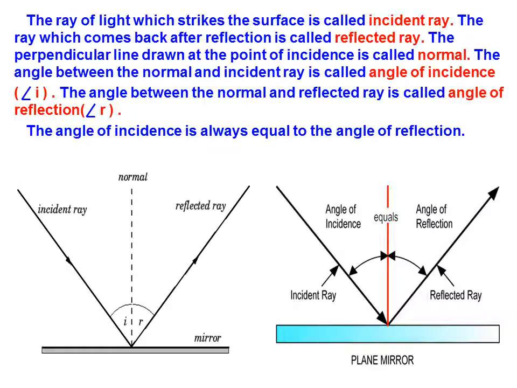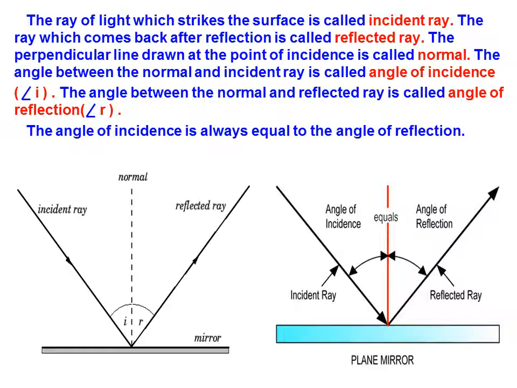The angle between the normal and the incident ray is called the angle of incidence, angle I, and the angle between the normal and the reflected ray is called the angle of reflection.